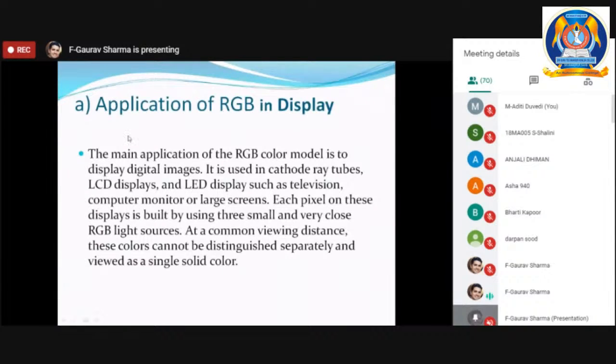I cannot distinguish the small pixel area, but when I see it as a whole, it gives me the exact picture, right? So it is just based on RGB. A pixel decides the combination of these 3 colors, and when we combine all pixels, we get the exact picture.